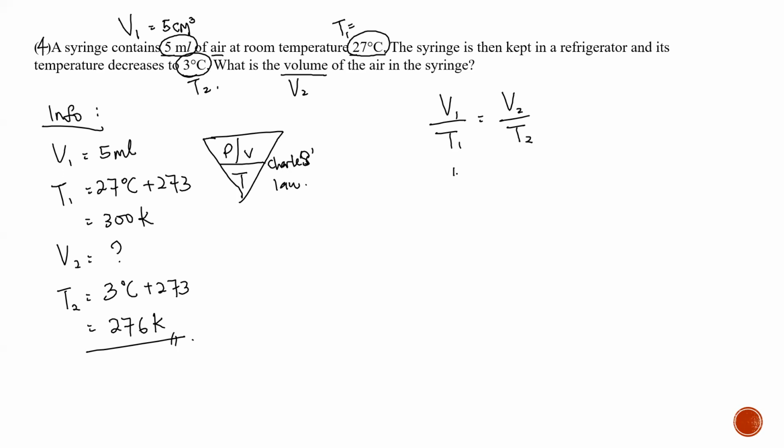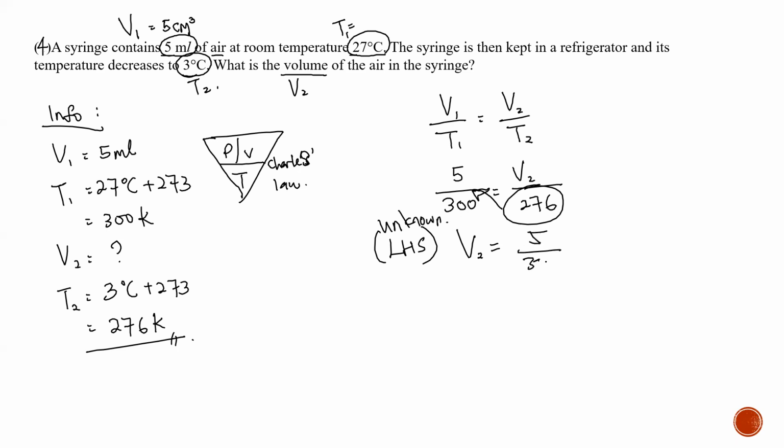Alright, so V1 will be 5, T1 will be 300, V2 we don't know, let it be, T2 276. So what should we do? Cross multiply up, then left, right. We always put our unknown on the left-hand side at the end.